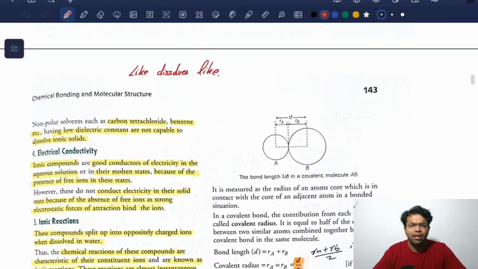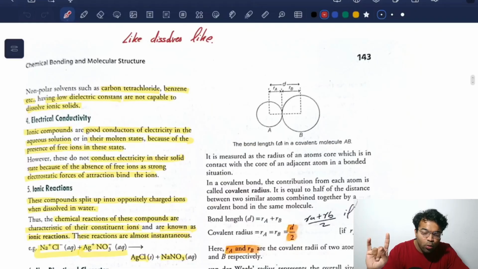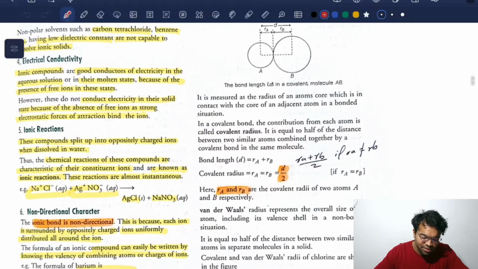I see that suddenly the ions have separated themselves. Now you have free-moving ions in a solution, and that alone is responsible for the conduction of electricity. So ionic compounds are good conductors of electricity in their aqueous or molten state because of the presence of free ions in these states.